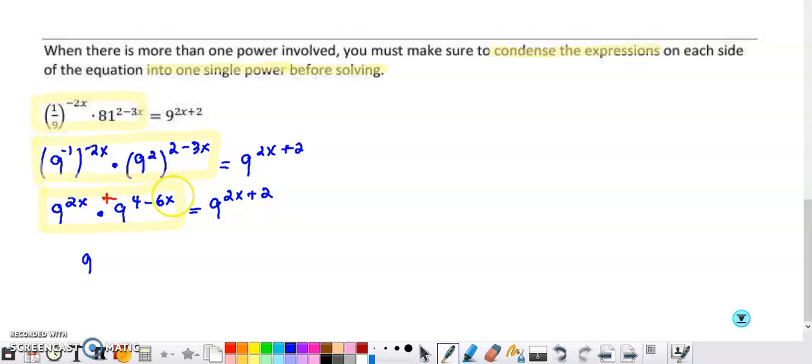So 2x is going to be combined with negative 6x to give me negative 2x, negative 4x, sorry. Let me go back and fix that. Negative 4x plus 4, and the right side still the same. But at this point, we can go ahead and cancel the base 9 on both sides and solve the equation with the exponents left over.